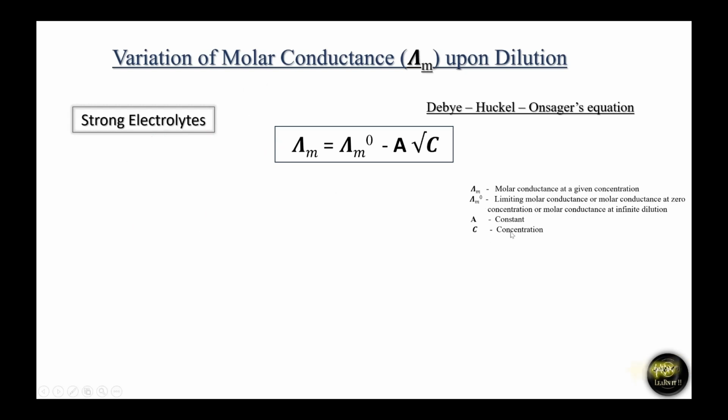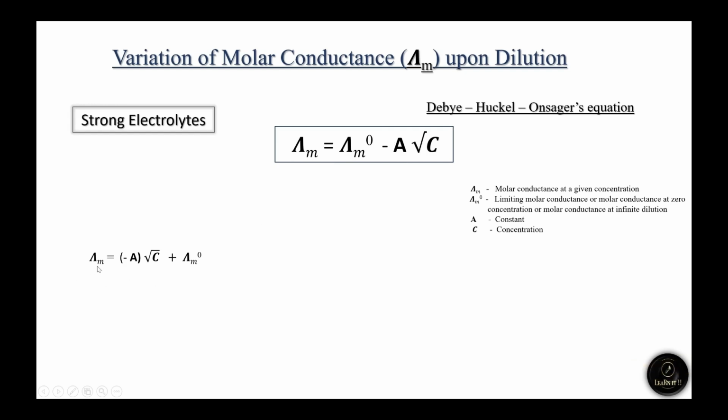So a is a constant which is dependent on the solvent. The nature of the solvent may be its polarity or viscosity or temperature. If we rearrange this formula, here we can see that lambda m and c are variables, the rest are all constants.